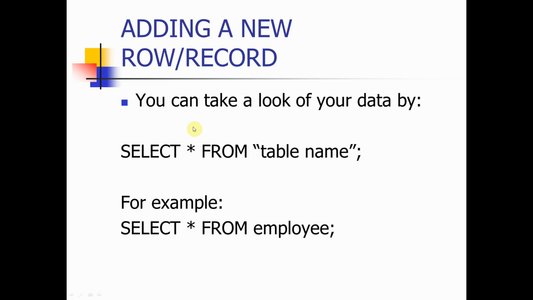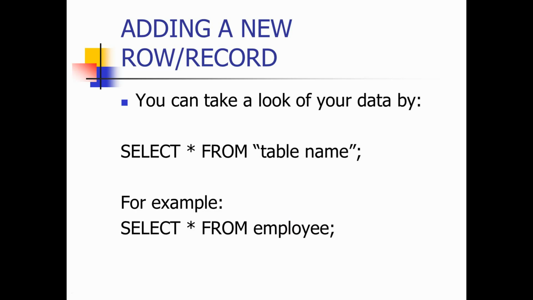When we're trying to see the table, what we can do is select, indicating I want to see the information. Star means I want to see all information from the table that you are interested in. And therefore, if you do select star from employee, it will show you all 8 employees with all of the attributes.